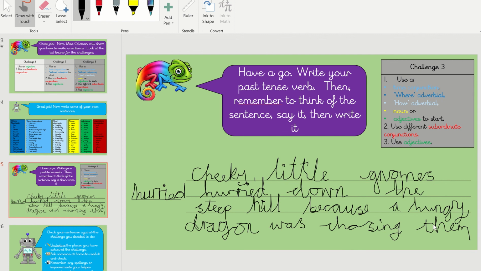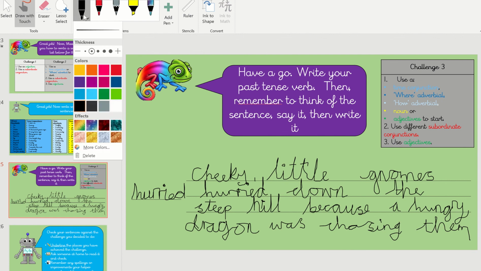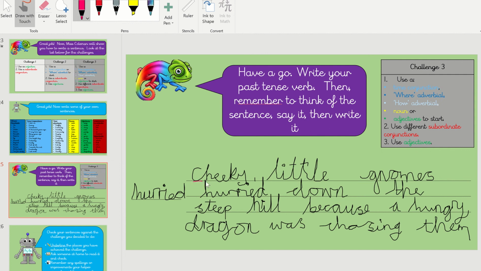Okay, let's check the sentence then. So I've got to underline it. I think I'm going to choose a different colour today. Pink, that's what I'm going for. So I started with an adjective. Cheeky and little. Both of those are adjectives. Cheeky little gnomes hurried. I've got my past tense verb. I'm going to do a wiggly line there. Hurried down the steep hill because I've got my conjunction in there.